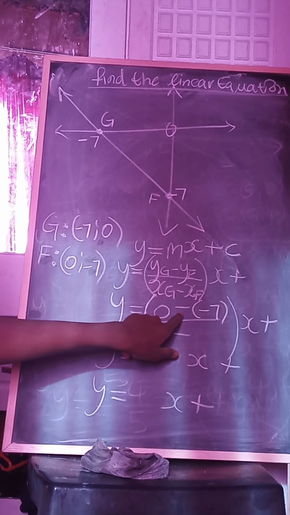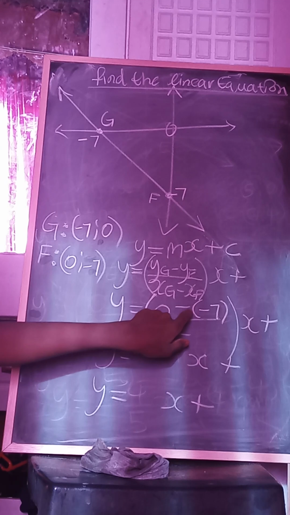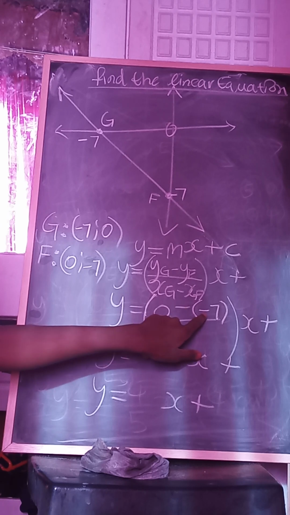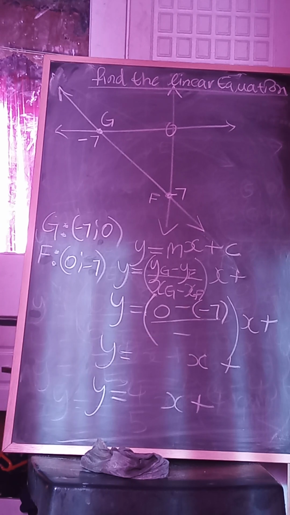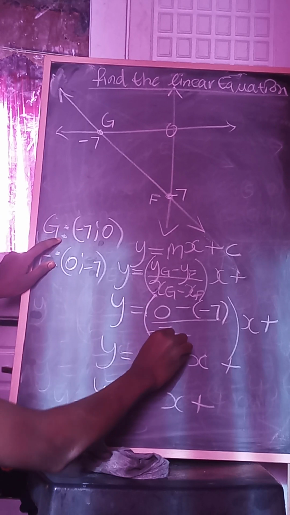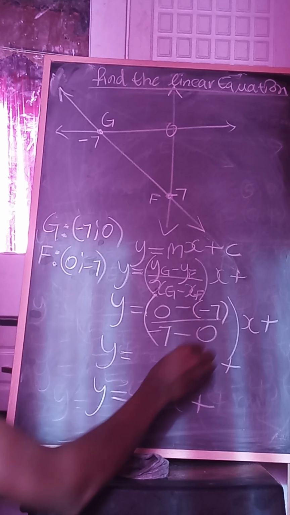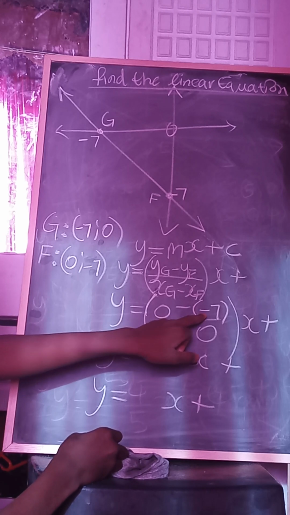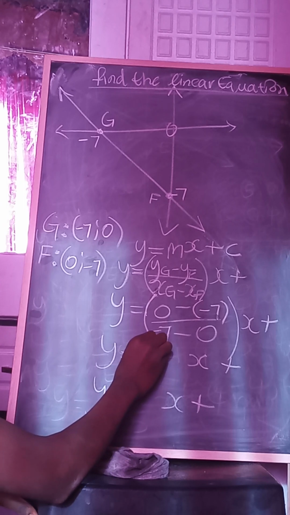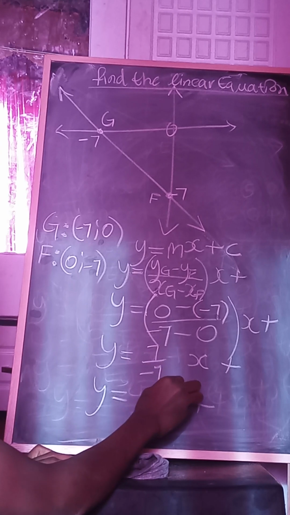Because this negative was already there, you'll introduce a new bracket to separate this original negative operational symbol and the -7. Then the x for G is -7, and the x for F is 0. Then negative and negative gives you positive, so it's positive 7 divided by negative 7, x plus.